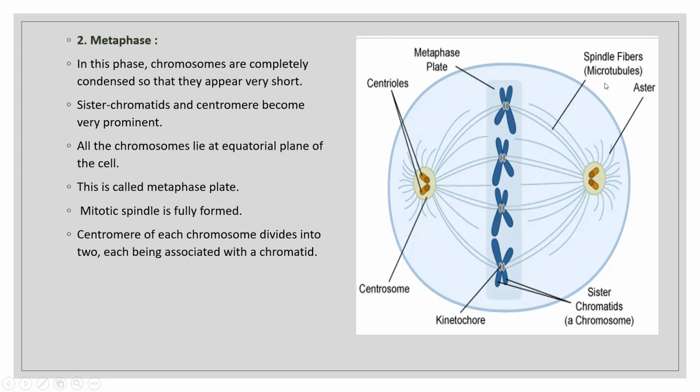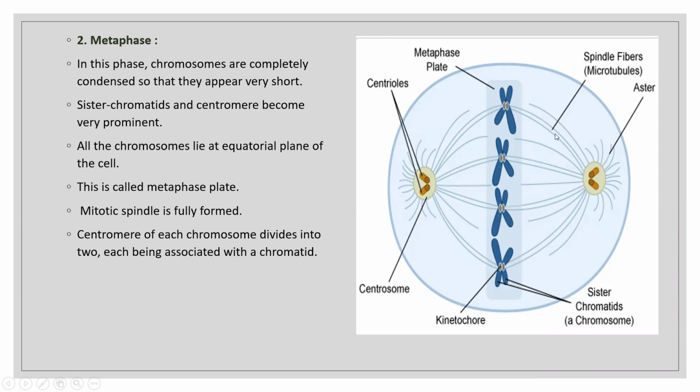So, what are microtubules? They are fragment-like fibers, and these fibers are made of a protein called tubulin. The microtubules are a bunch of fibers that form a bundle, and this bundle of fibers is made up of the protein tubulin.